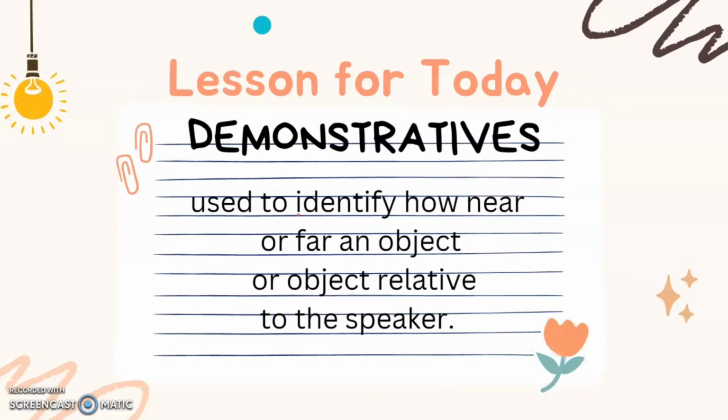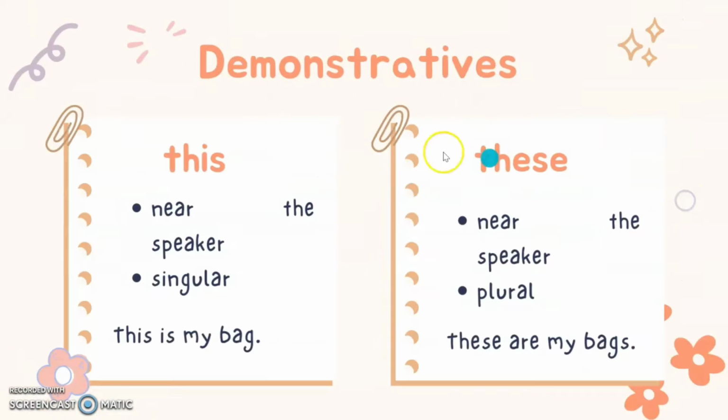The clue words here are identifying how near or far an object is, and of course, the words relative to the speaker. Gumagamit tayo ng iba't ibang demonstrative para ma-identify natin yung location and distance ng isang object sa speaker and listener. Moving on, we have different demonstratives.